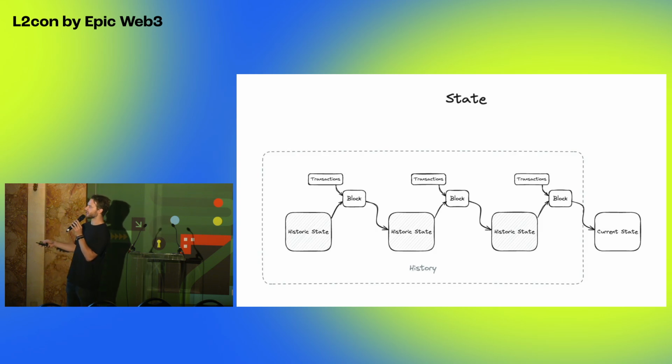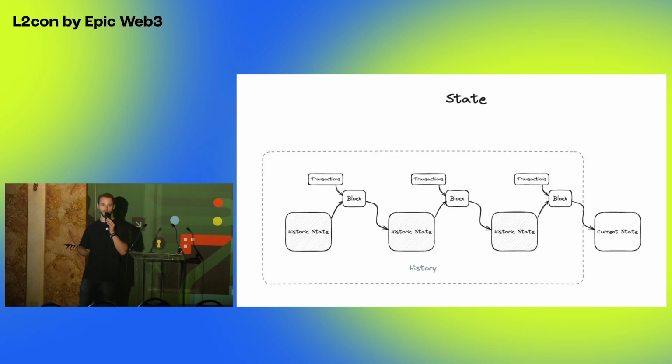Aside from state, there's a lot of history. You've got historic state, which archive nodes will hold. You've got all the historic transactions. You've got receipts, which I haven't mentioned here. These are components of a blockchain, but they're not as crucial. Oftentimes, that type of data can be discarded.